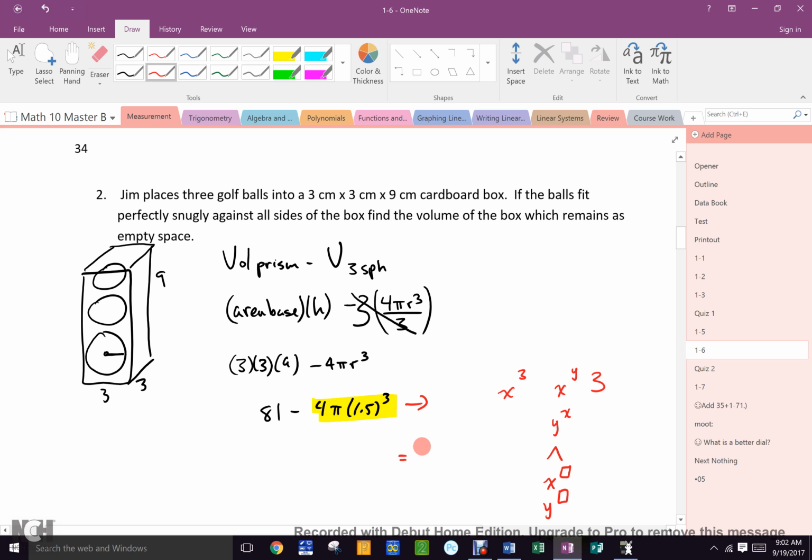Who has an answer for me? Nice. Good job. 38.59, because I like 2 decimals, if we're going to go to a decimal. Everybody cool?